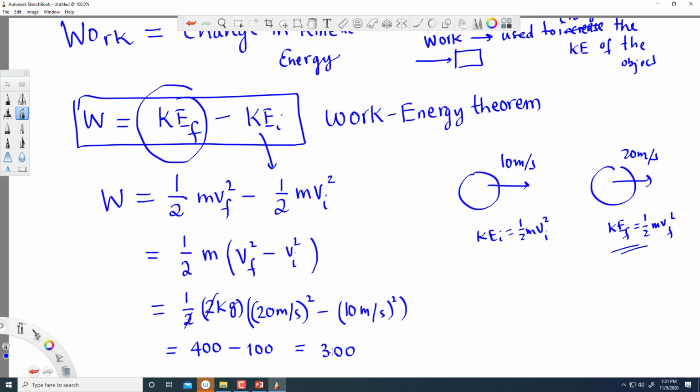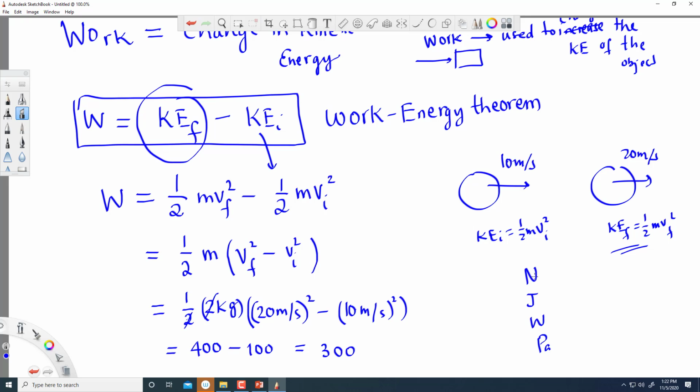Work is a kind of energy. Work and energy are the same thing. So what's the unit? You guys remember the unit of work? Let me give you options. Is it Newton? Is it joules? Is it watt? Is it Pascal? Which one?